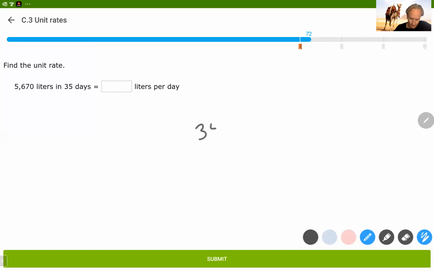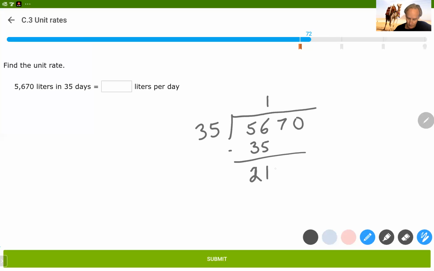35. Let's be a little more careful with my division. 5,670 goes in once. Subtract 35, and you get 217.